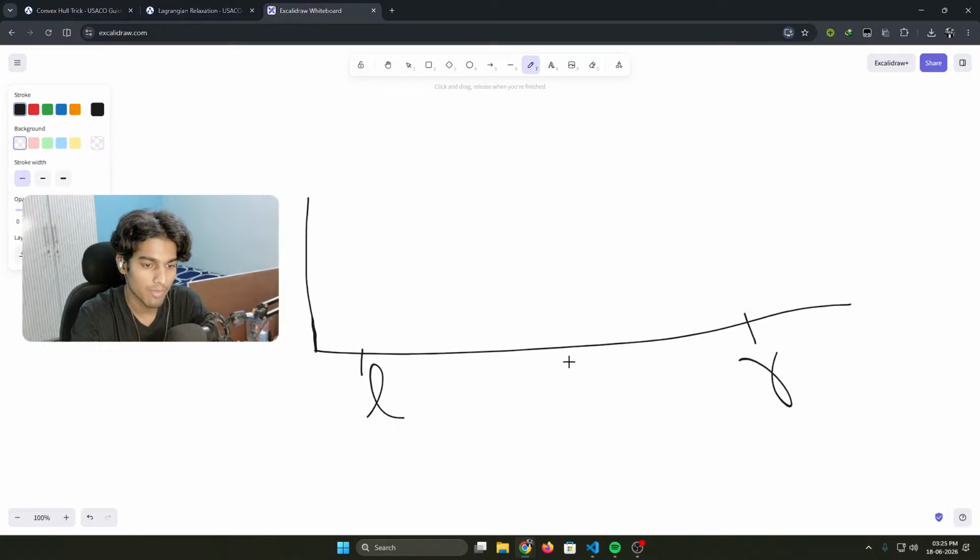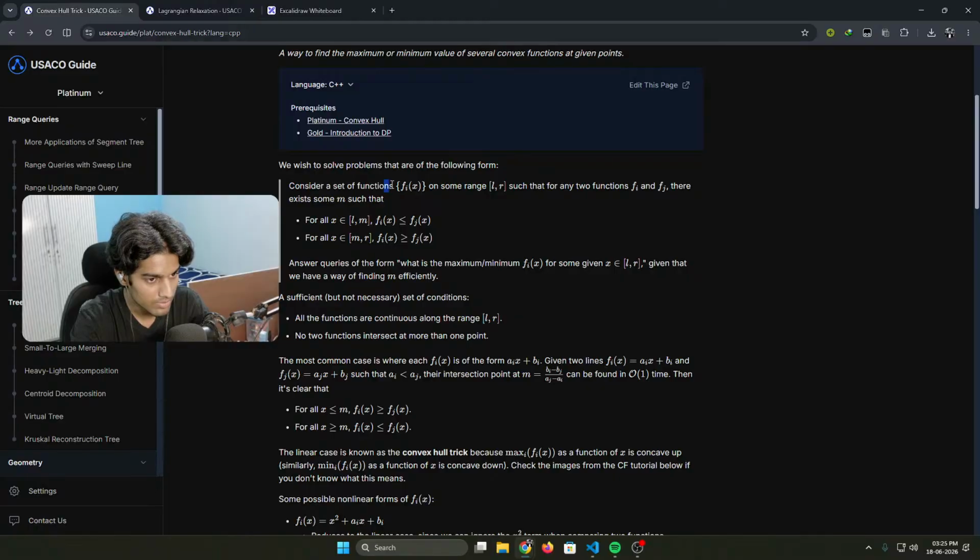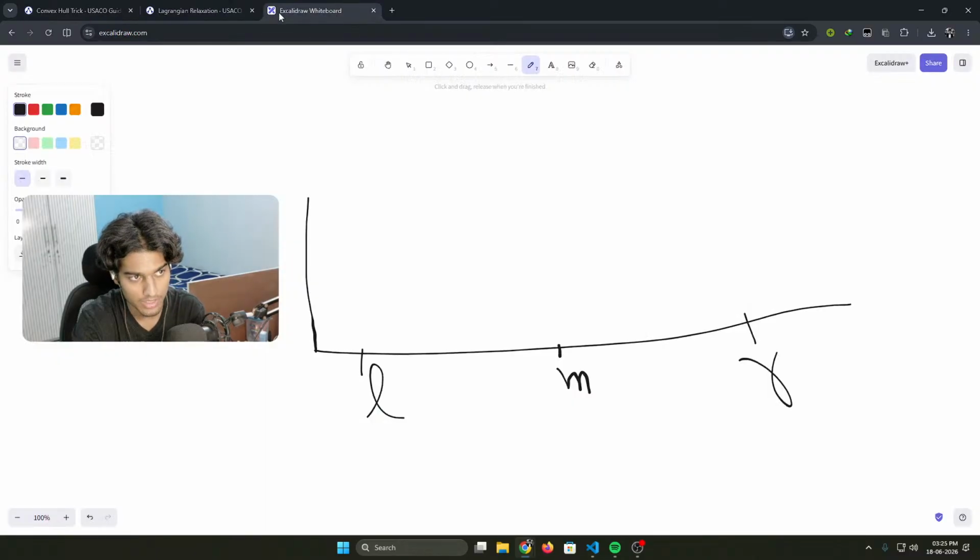So let's take some middle point m. Set of functions. Okay. So initially j is bigger and then i is bigger. So we could have something like this. Whatever.